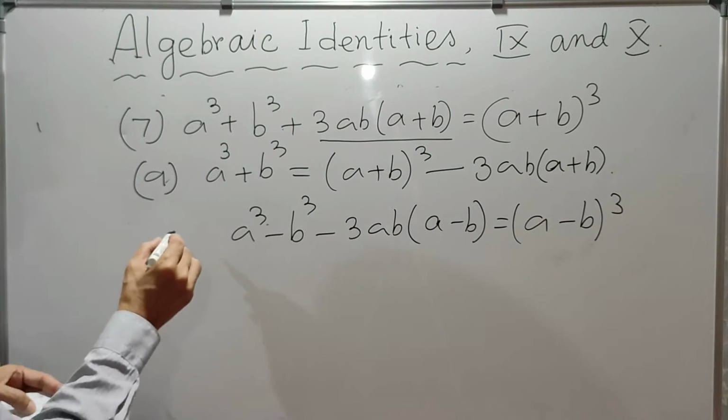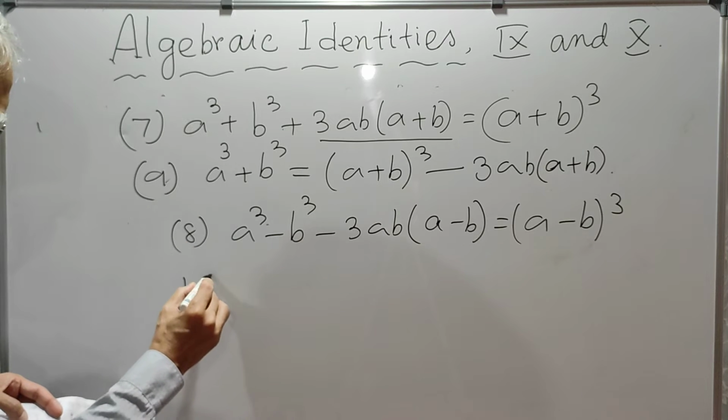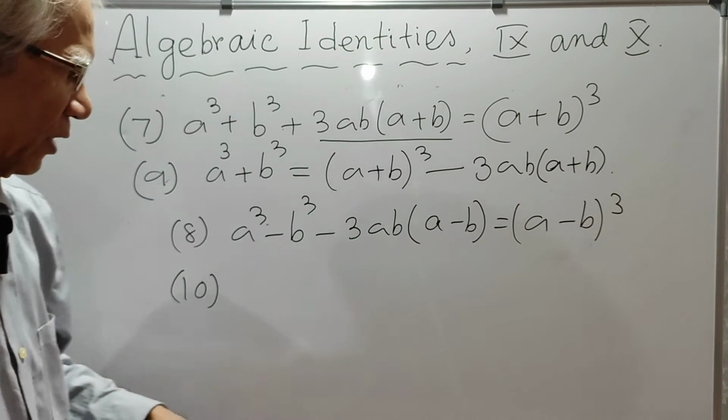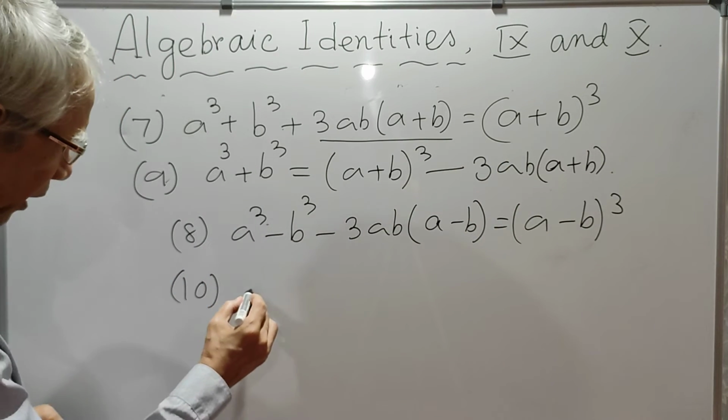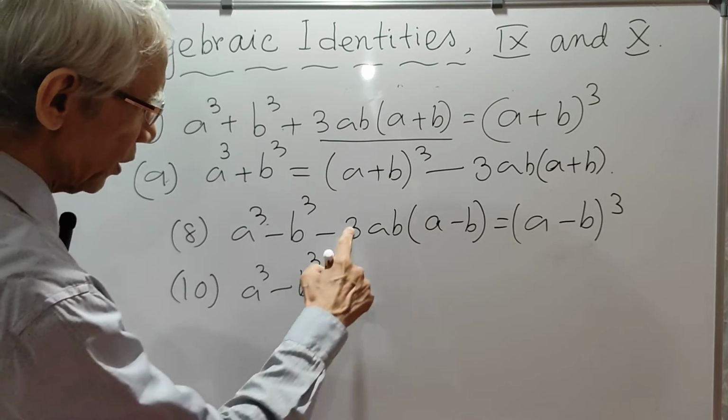This was the 8th identity. Now from the 8th identity we will get the 10th identity. How? This thing you take to the right. So a^3 - b^3 equal to, this you take to the right.